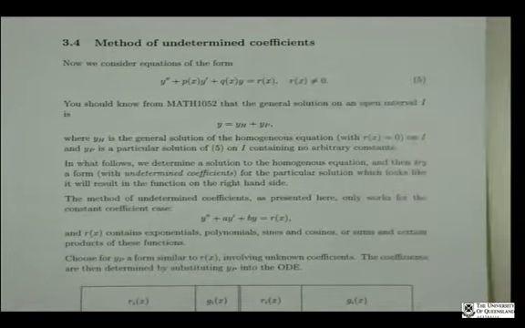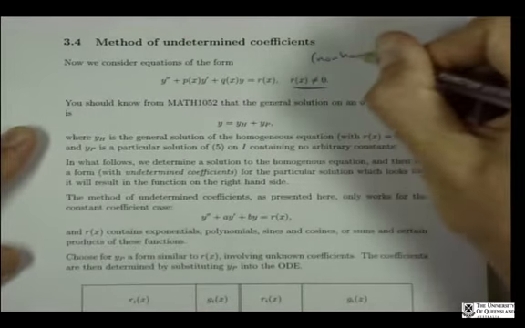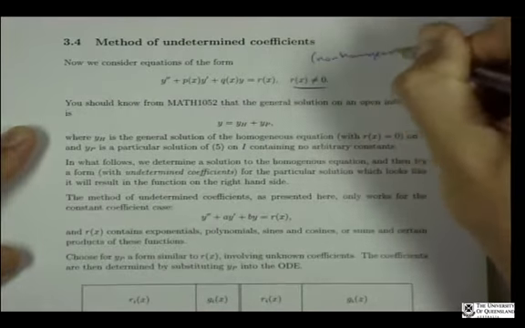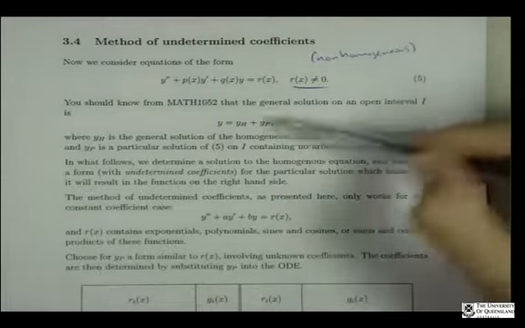Because we assume it's non-homogeneous, remember, that means that this function that appears on the right-hand side is non-zero. We have a look at the form of the function on the right-hand side and make a good guess for the particular solution.